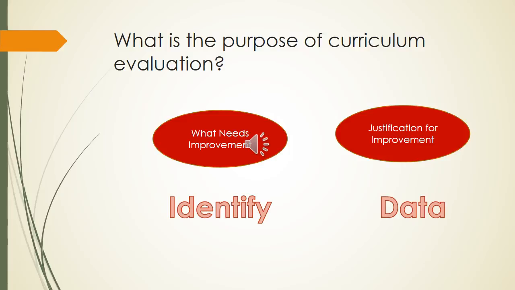The second purpose of a curriculum evaluation is to gather data that we're going to use to justify making changes. I have found that many curriculums get installed in the schools, or a portion of the curriculum gets installed in a school. And then the test data comes out after a year or two of looking at that test data, and we decide that the curriculum is no longer functioning, and we find something else.